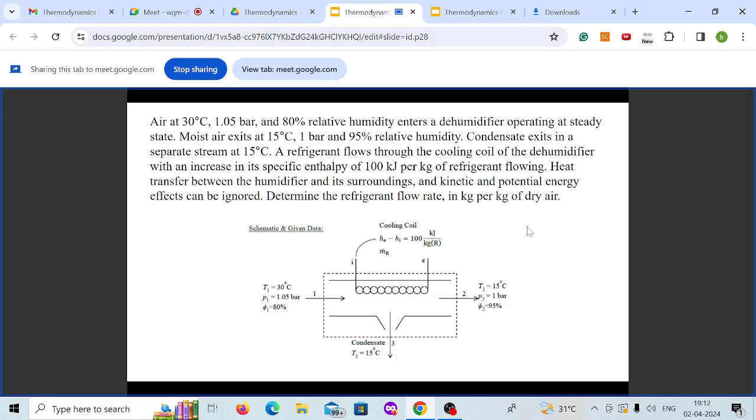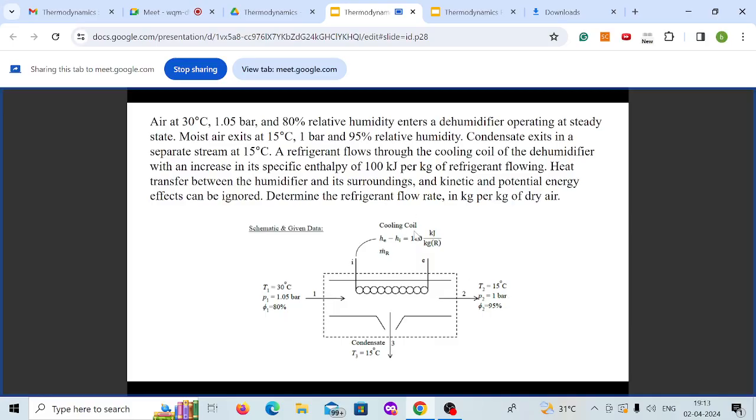So basically there is a cooling coil, and it is dehumidifying, removing some water vapor from the air. Initially the moist air enters at 30 degrees Celsius and 80% relative humidity. When it passes through the cooling coil, some amount of water vapor condenses and exits at 15 degrees Celsius, and the remaining air comes out at 15 degrees Celsius and a relative humidity of 95%.